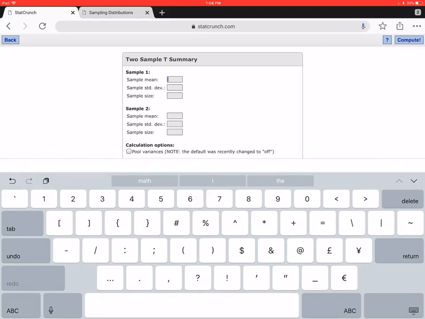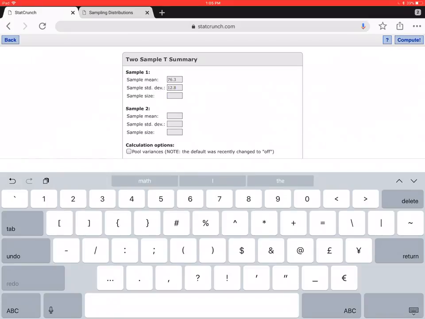So sample 1 we had decided was the women. So hopefully you have your sheets out in front of you. I've got one out to the side of me right now. It said that the women's mean pulse rate was 76.3, because this is way too much to remember. The standard deviation for the women was 12.8.